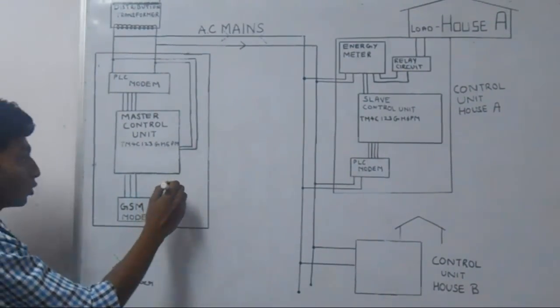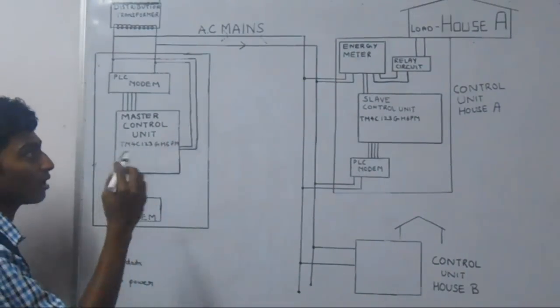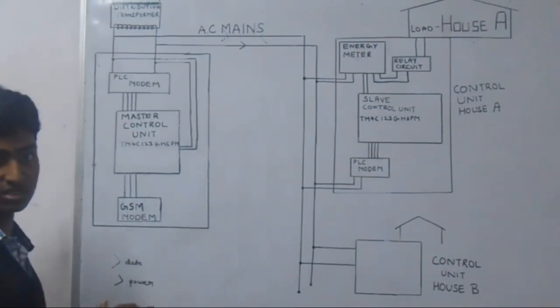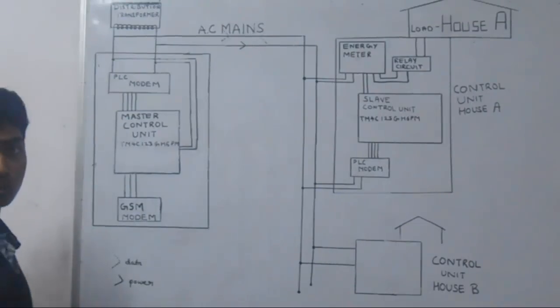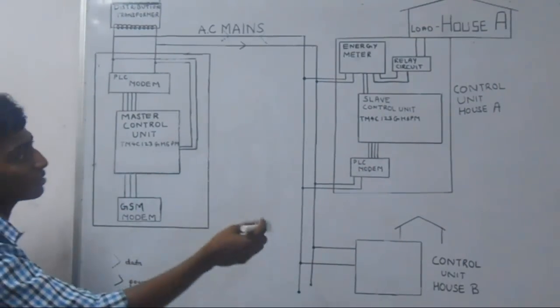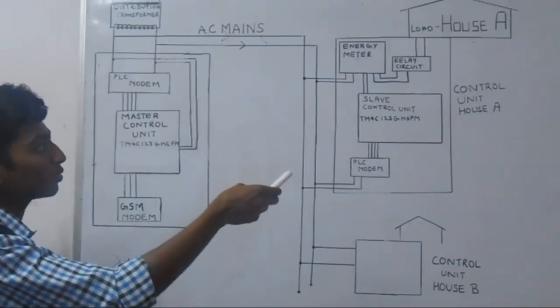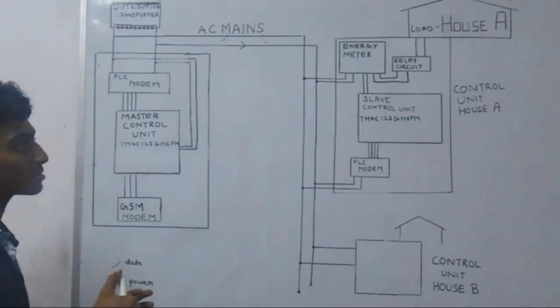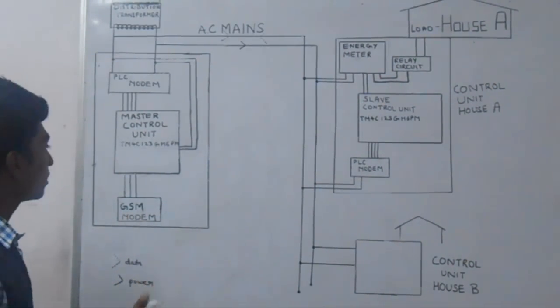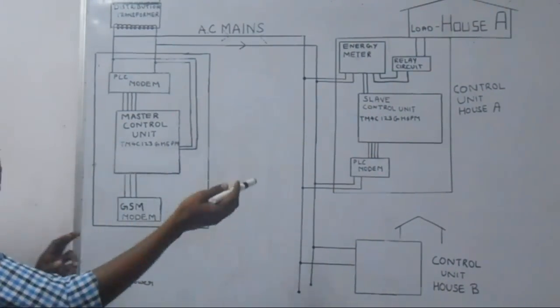This, on knowing about that particular house, will first of all use its GSM modem and send the owner of that house a warning message. In case he is avoiding those warning messages and the excessive usage still continues, then this master control unit will command the slave unit to cut off the power supply to that house. After the owner of the house contacts the electricity office and makes the necessary payments, there is a provision on this board itself to restore the electricity to that house.